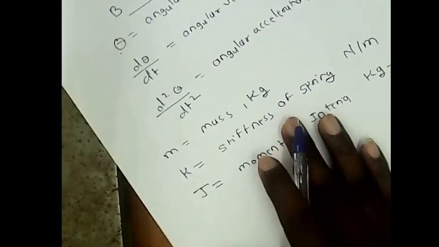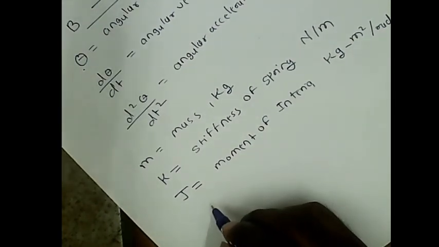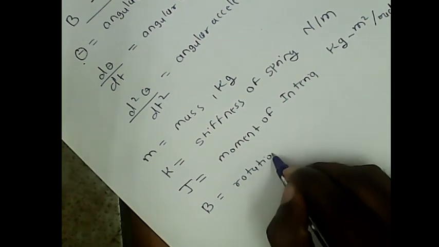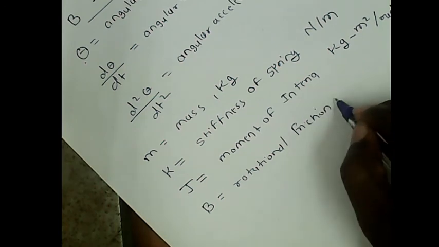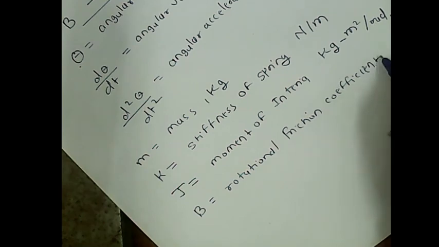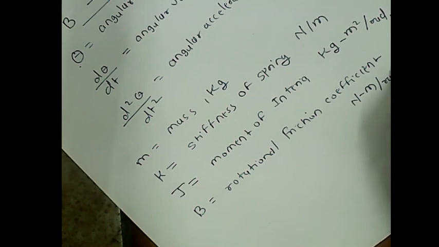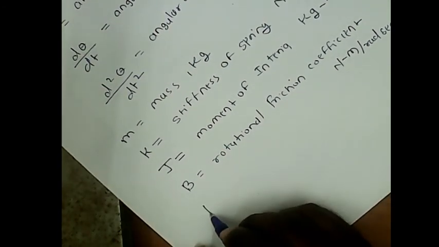Now we also define the basic terms, that is rotational friction. D stands for rotational friction coefficient, and the unit is Newton meter second per radian. Now we also define the stiffness constant for the spring.